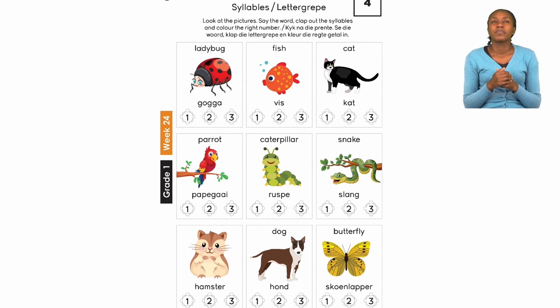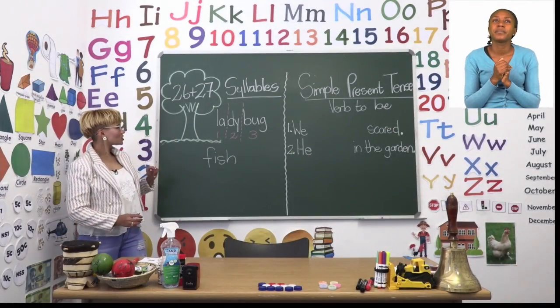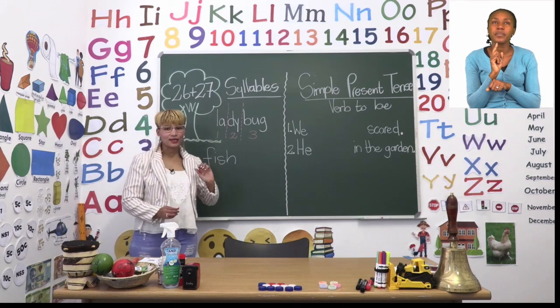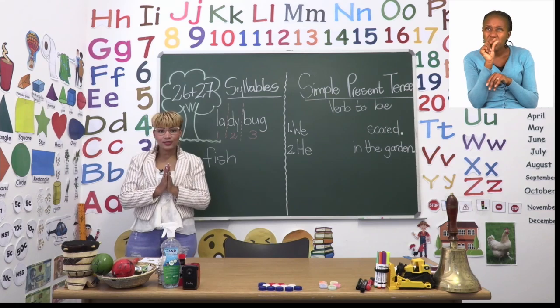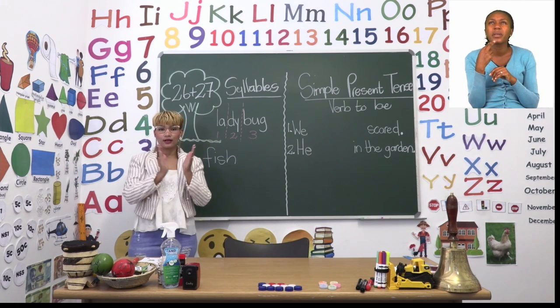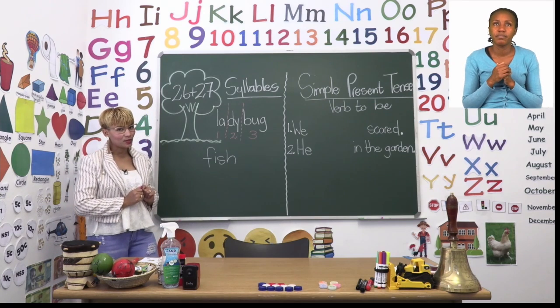Right. Now I wrote 2 words on the board that I want us to do together. The first word is ladybug. We have to say the word in the syllables and then we have to clap the syllables so that we can see how many syllables.